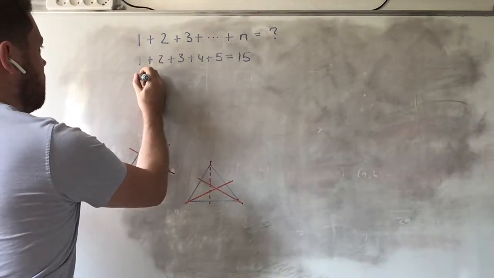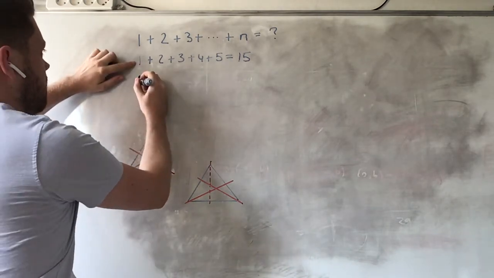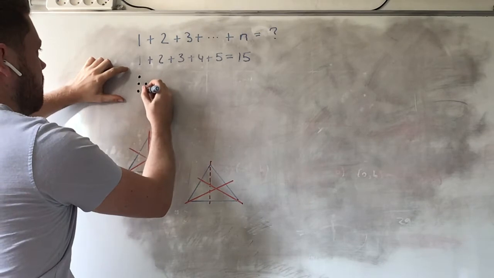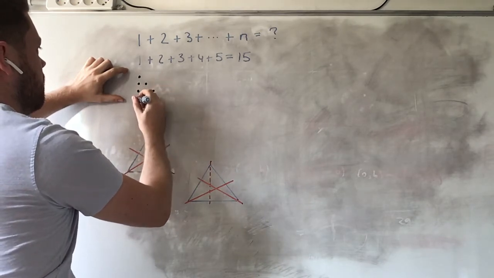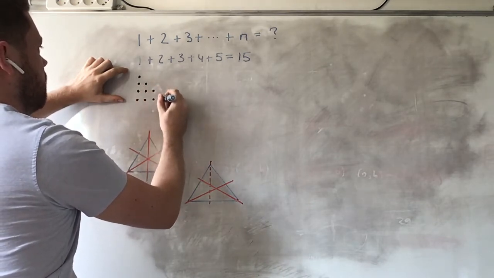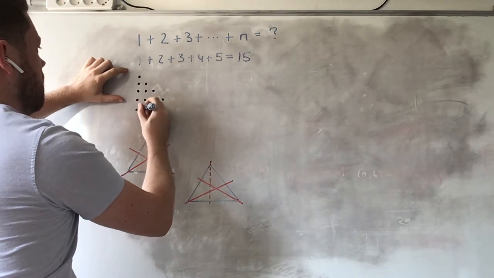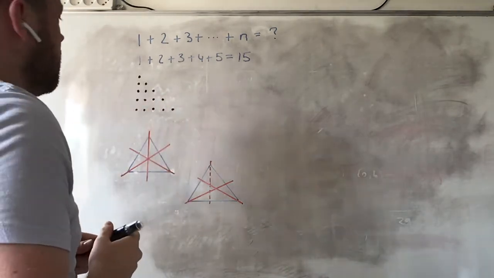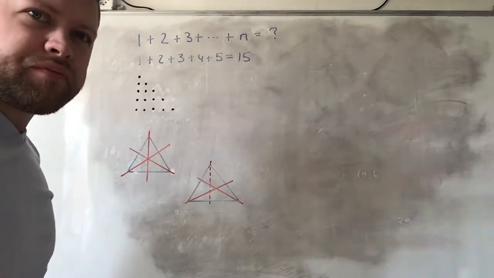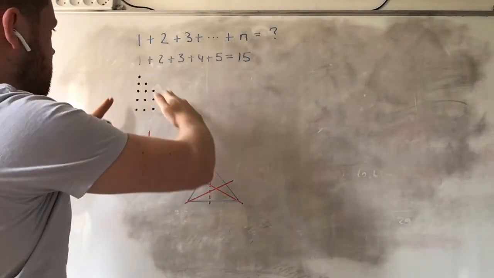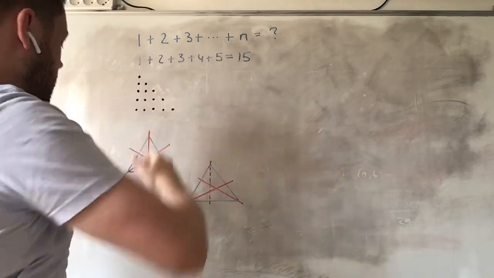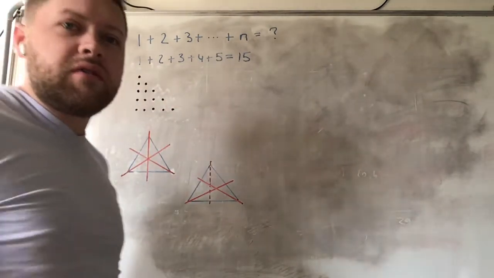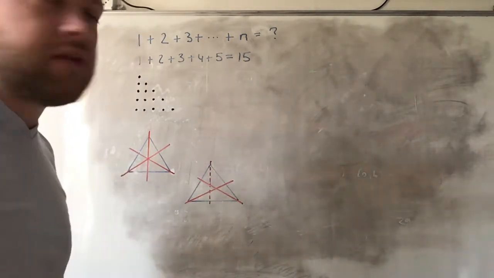If I draw one dot here for the 1, 2 for the 2, 3 for 3, 4 for 4, and 5 for 5. Now you might see I've just arranged them into a diagram like this, one on top of the other. So you might see that symmetry might come into play here in some sense.